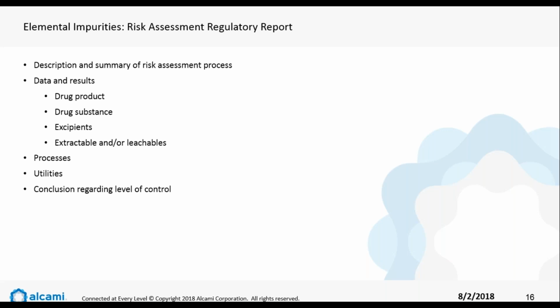It would go through process and utilities, and then have a conclusion at the end, stating that the drug product is under control for all of the reasons above, and that no additional elemental impurities analysis needs to be done, obviously, beyond the life cycle management. If there are any changes in the process or changes in the manufacturing line or vendors, then that would have to be reevaluated as part of that.